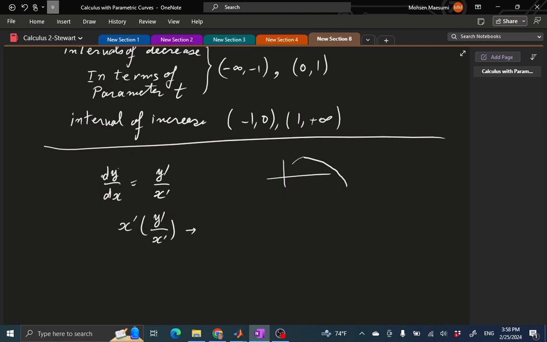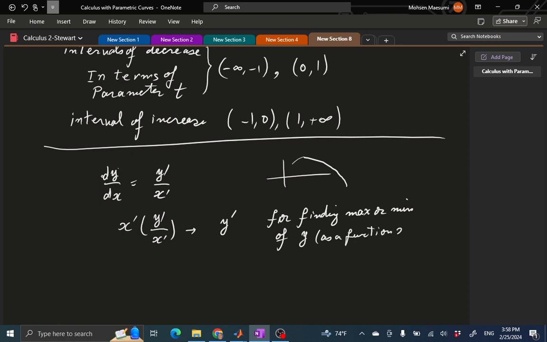So now, when we are looking for maximum and minimum points, your sign chart should only include y prime for finding max or min of y as a function of x.